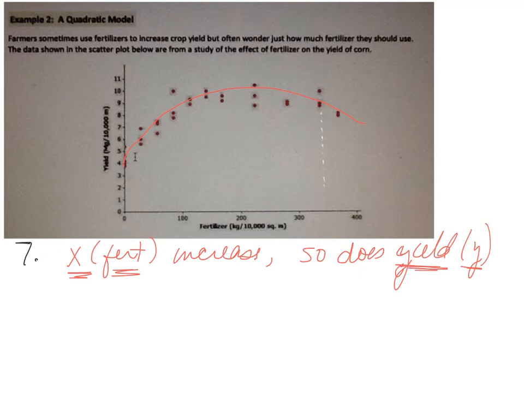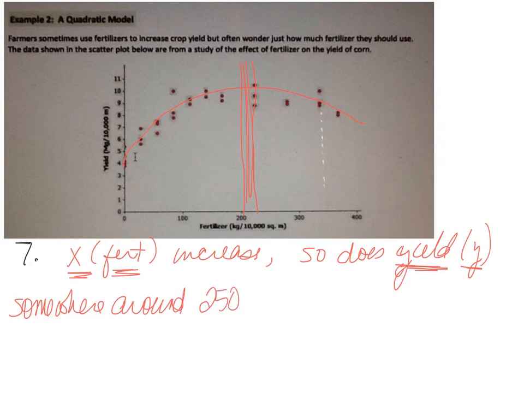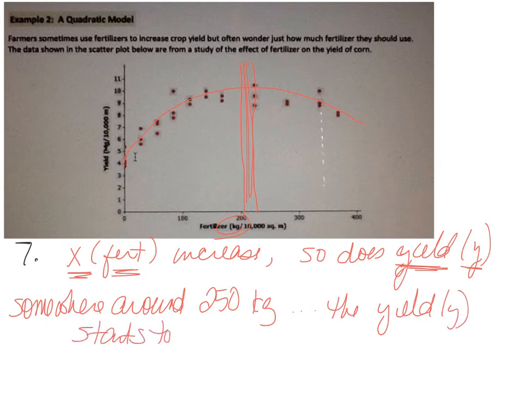But then, somewhere around 250 kilograms of fertilizer, the yield starts to decrease. There is too much of a good thing.